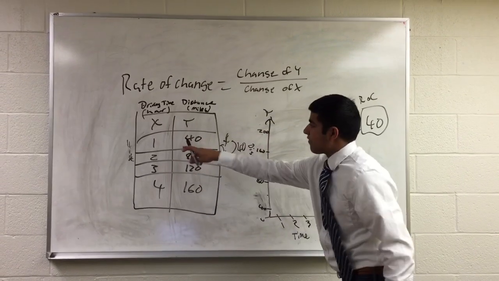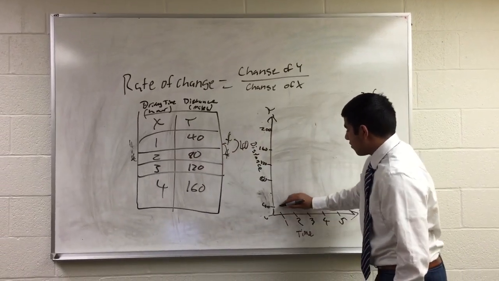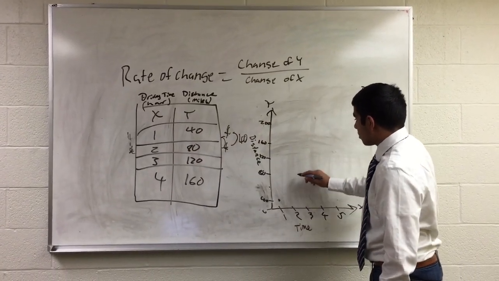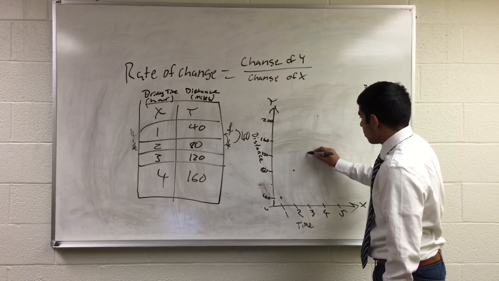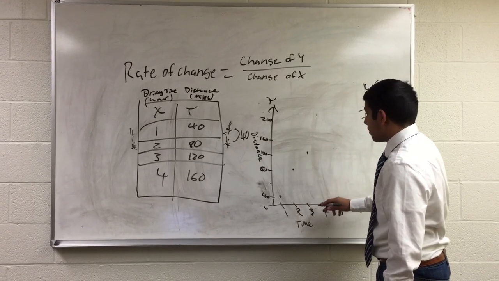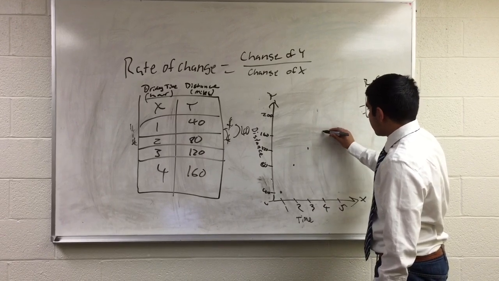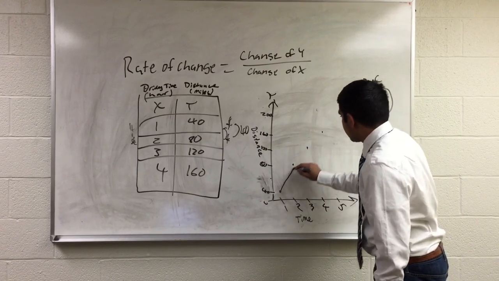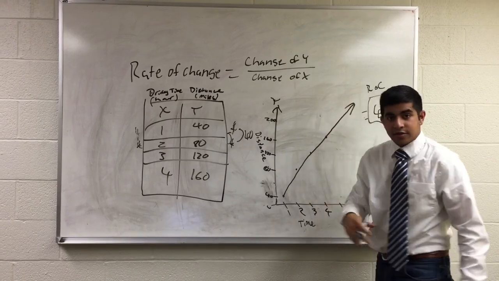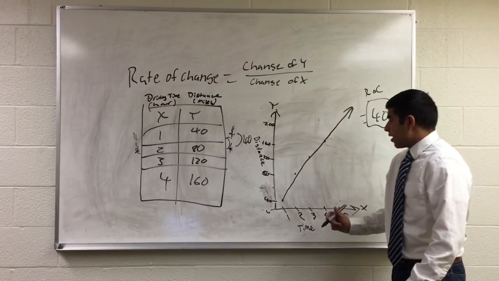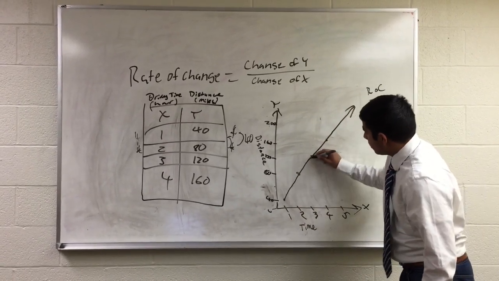So we'll go to our graph over here. We'll go to 1, go up to 40, 2, go up to 80, 3, 120, and 4, 160. We'll draw a straight line. No, that's not straight, but I don't have a ruler or anything, so that's straight. And we have each point here.